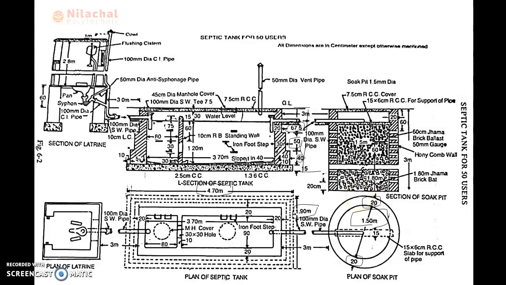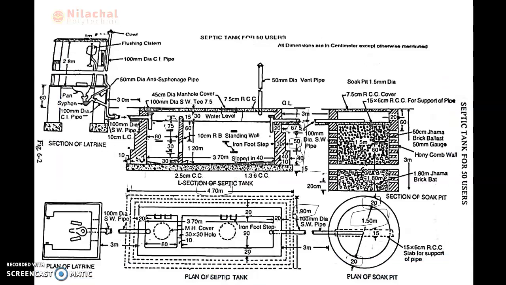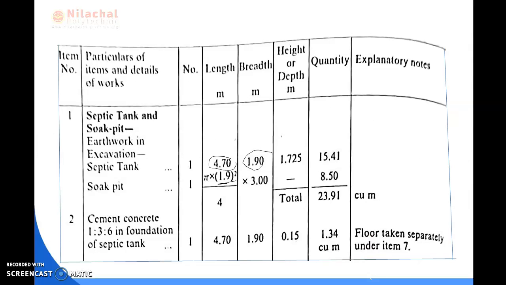So the overall dimension of the outer circle is 1.50 plus 0.20 plus 0.20. So here the diameter of the soak pit is 1.90. Okay, it is the overall or outer dimension of the soak pit. Which dimension? The outer, this point to this point, the total dimension of the soak pit, outer to outer dimension.